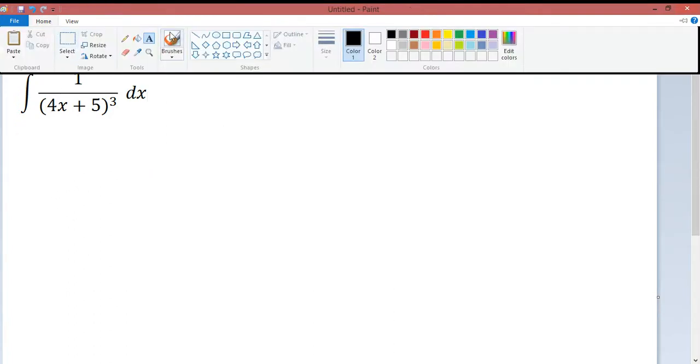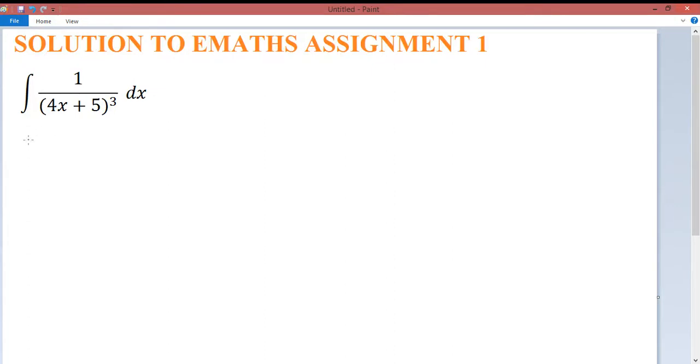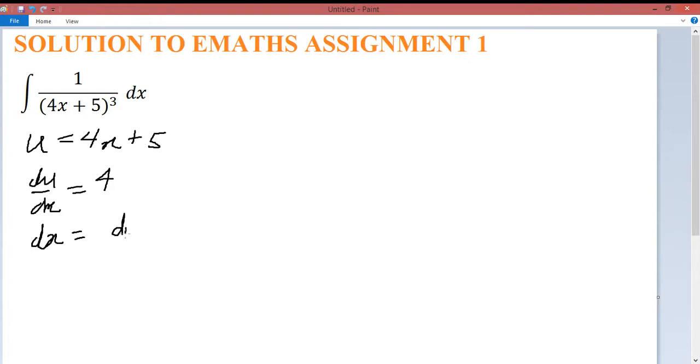Similarly, we'll let u be equal to 4x plus 5. Then our du dx will be equal to 4. Making dx the subject, dx will be equal to du over 4.